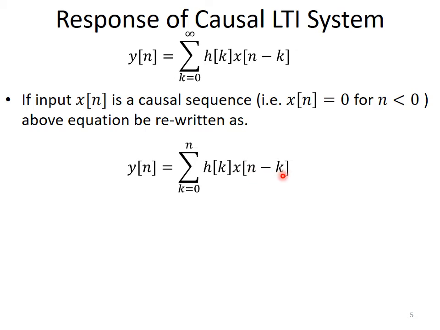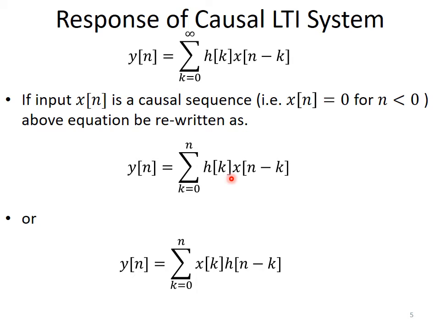So here you can see, as long as k is less than n, this would only involve the values of the input signal which are either the current value or past values. Or, as you know, convolution is commutative, so we can also rewrite this equation in this form.